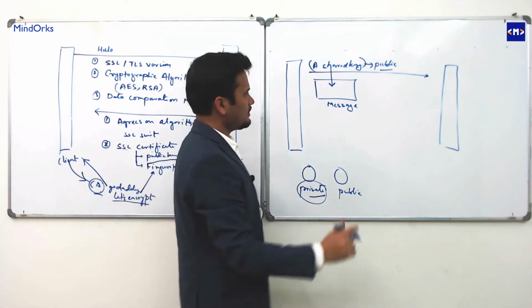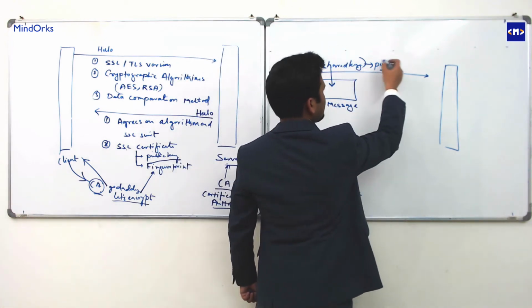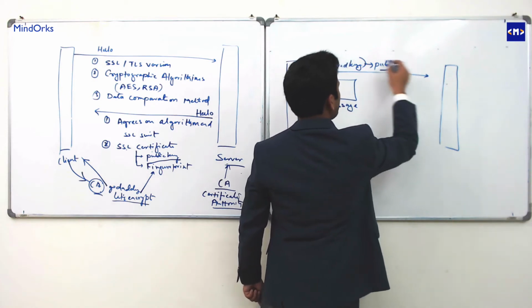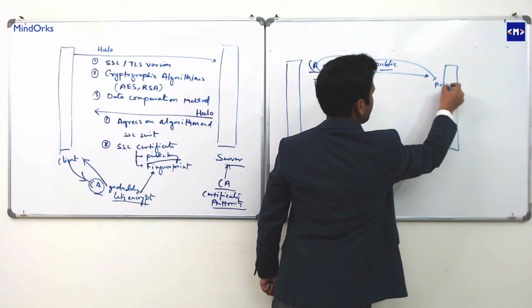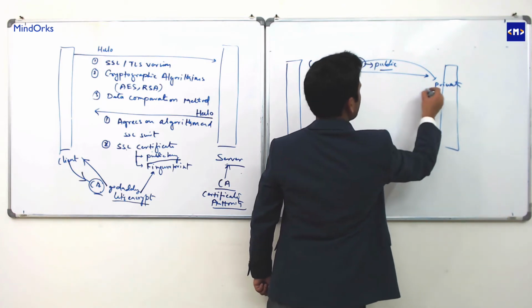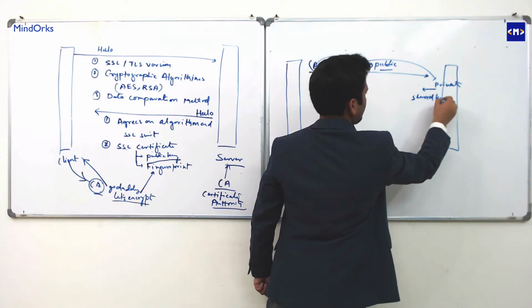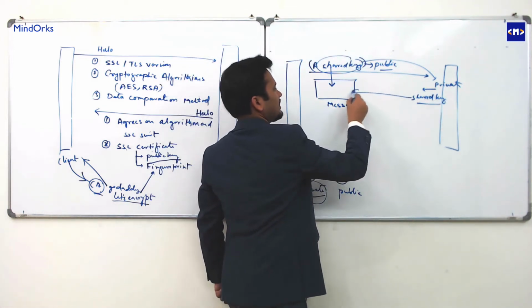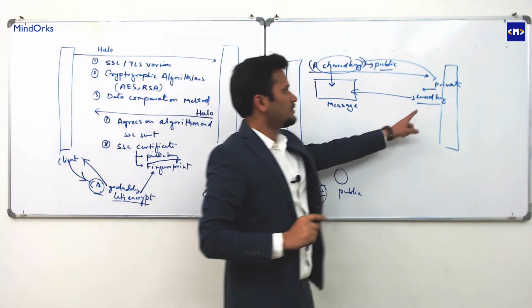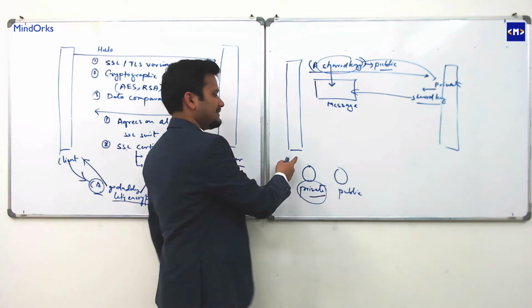Now the server will receive this and it will first use its private key to decrypt this shared key, to get the shared key. And using this shared key, it can now decrypt the message. So now the server has a key which is maintained at the client.